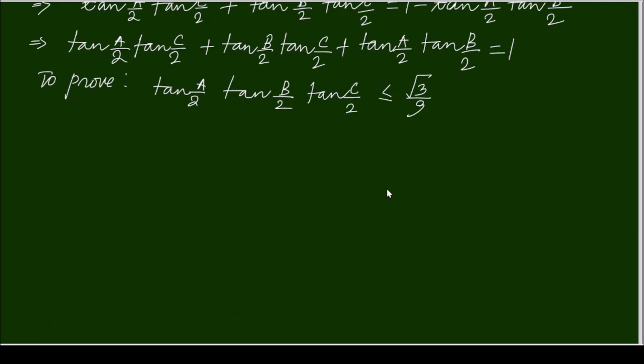So I am taking the arithmetic and geometric mean inequality. There are three numbers here. Not tan A by 2, tan B by 2, tan C by 2 separately; I am taking these whole products as the numbers.